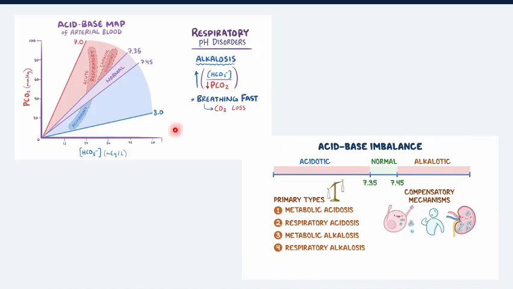This diagram or image is mainly for respiratory pH disorders. You have an x-axis that has the bicarb on there, and then you have a y-axis that is tracking the CO2 or the carbon dioxide, and you're plotting the pH.